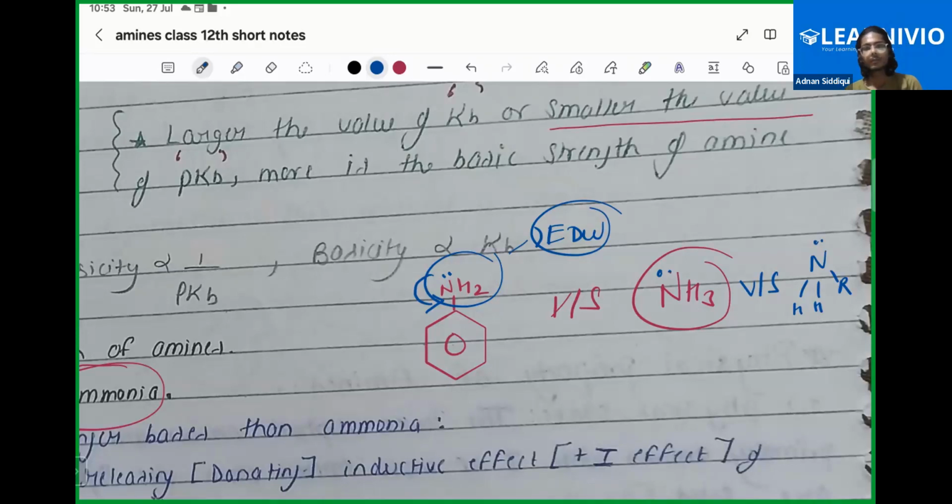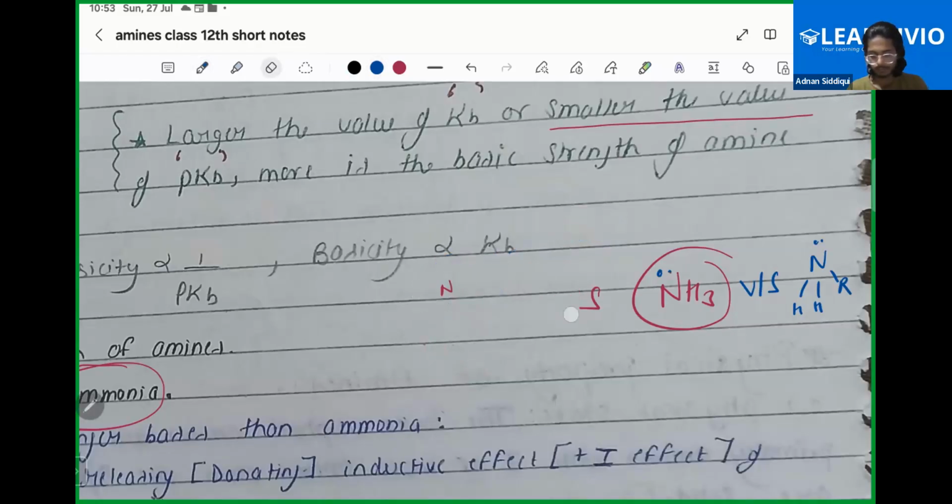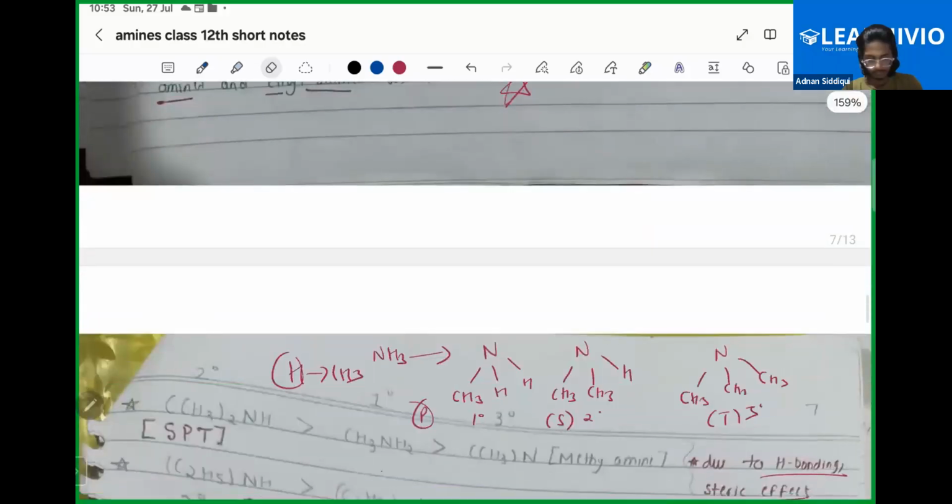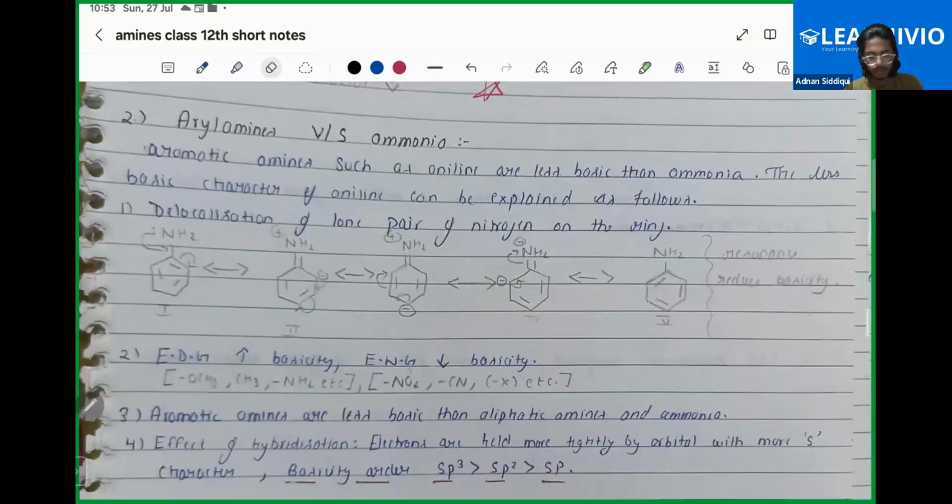Because it has the most electron rich lone pair. So I hope it is clear. And this is how the resonance works in aniline. The negative charge is again going to revolve only on the ortho and para positions.